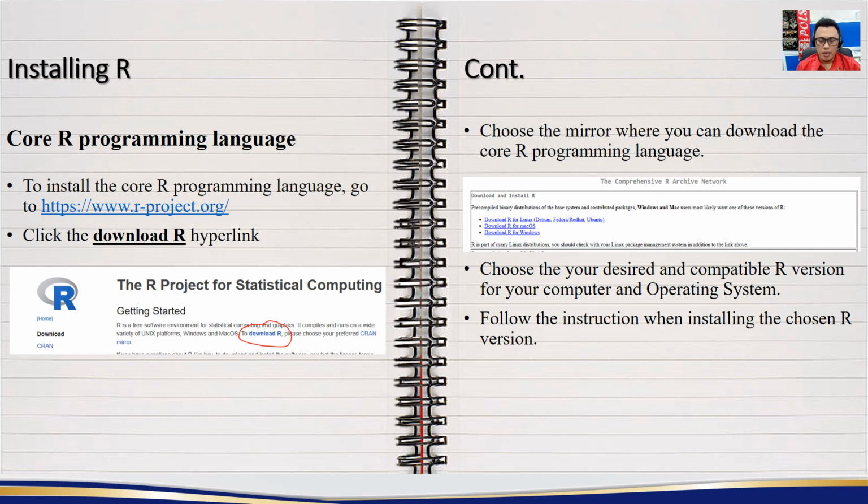So how do we install R? I would like to inform everyone that for you to be able to use RStudio with R, you have first to install the core R programming language, where you can actually download it from the website r-project.org, and click the link Download R. From there you are going to choose the version of the core R programming language that you think is applicable or compatible with your operating system, whether you're using Windows, Mac OS, or Linux.